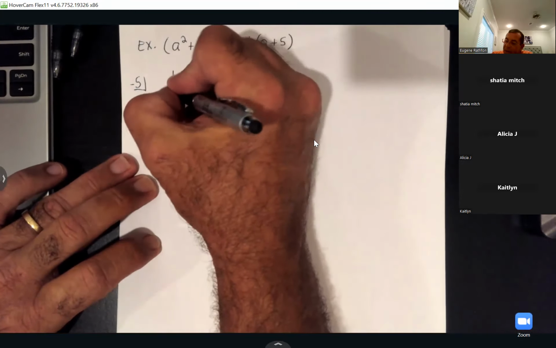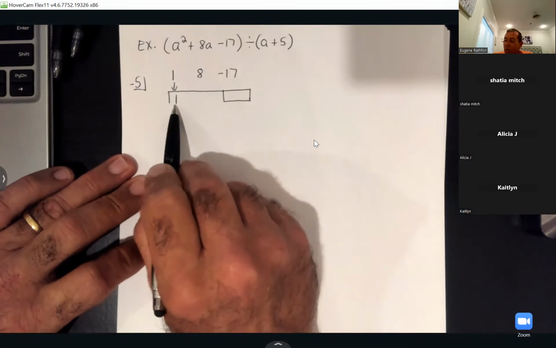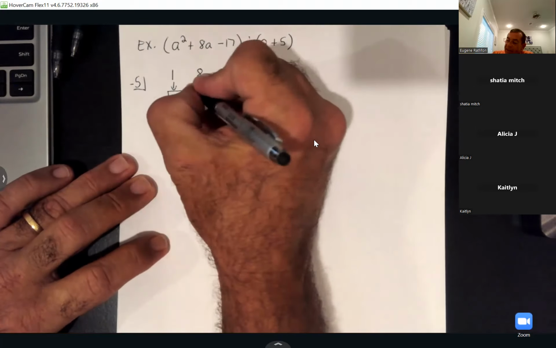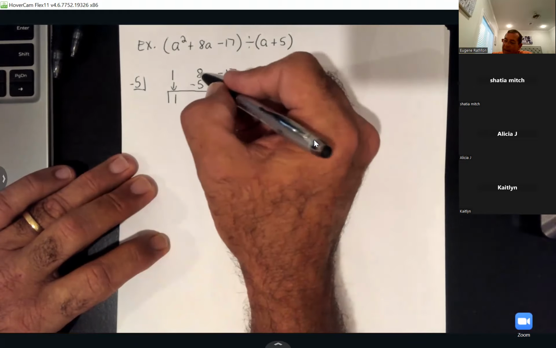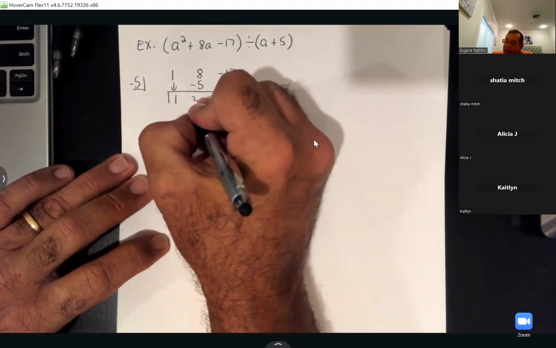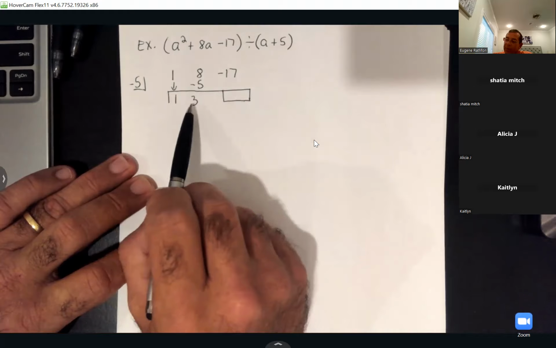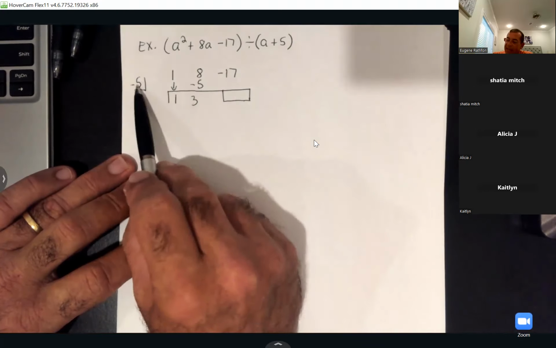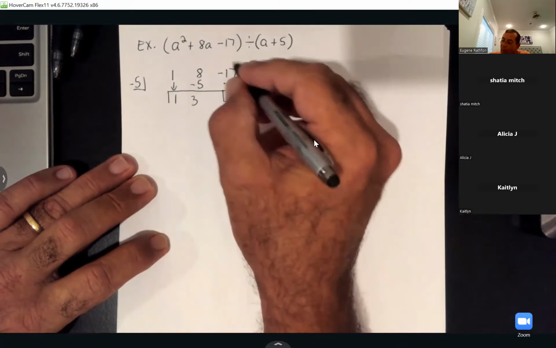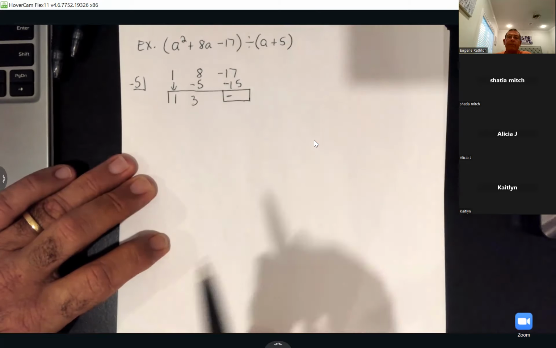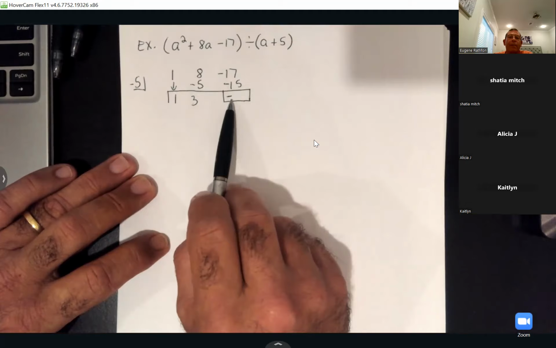So I'll bring the first number down, 1. 1 times negative 5 is negative 5. All right, 8 minus 5 gives me a 3. Then we start our process again. 3 times negative 5 is negative 15. Now remember, we're adding 2 negatives, so that will be a negative.